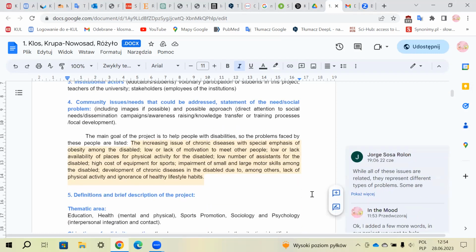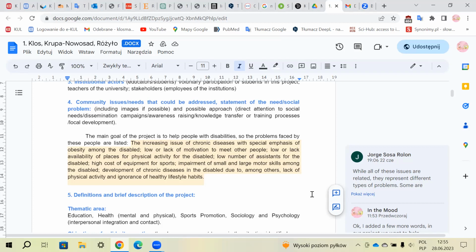Here we have the main goal of the project. People with disabilities have some problems, and we want to address the increasing issue of chronic diseases with special emphasis on obesity among the disabled, and low or lack of motivation to meet other people. So we want to increase their social status. Also, low or lack of availability of places for physical activity for the disabled, and a low number of assistants for the disabled.